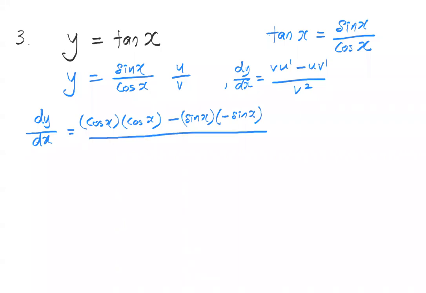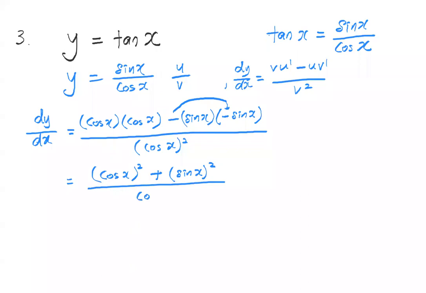Divided by bottom square. Okay, so this one I will have cos x, because cos x and cos x, so I have cos x squared. Negative times negative, I will have positive. Sin x times sin x, I will have sin x, the whole thing squared. Divide by cos x, the whole thing squared.